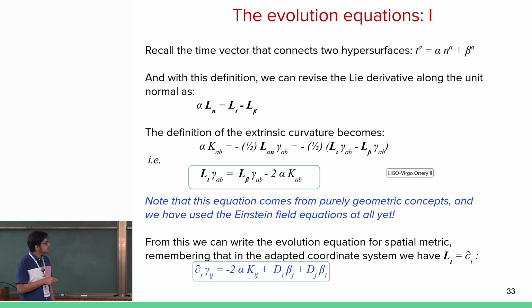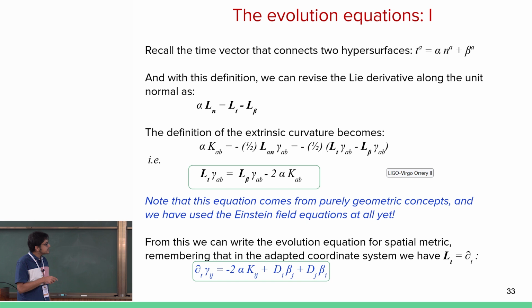Because if you remember, the time vector was defined as this. So I am able to write this down. And that is why that relation had the seed of the first evolution equation. So I will replace the Lie derivative of the normal with these two to write down the first evolution equation for the spatial metric tensor itself.